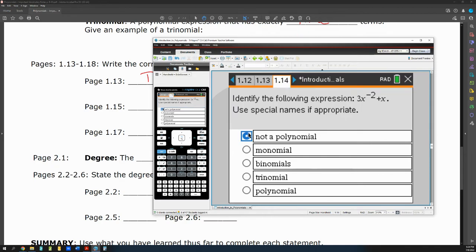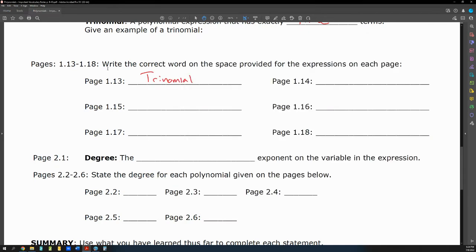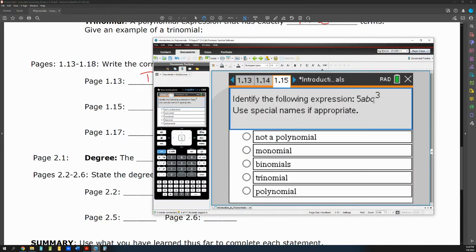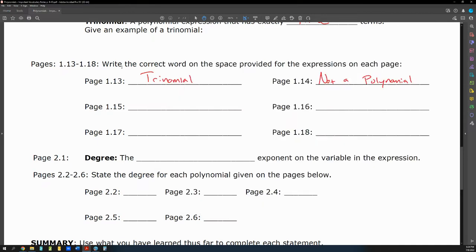This is not a polynomial. This has negative exponents. So on 114, not a polynomial. On page 115, 5abc cubed. This is a polynomial. There is no addition or subtraction, so there's only a single term. This is a monomial.